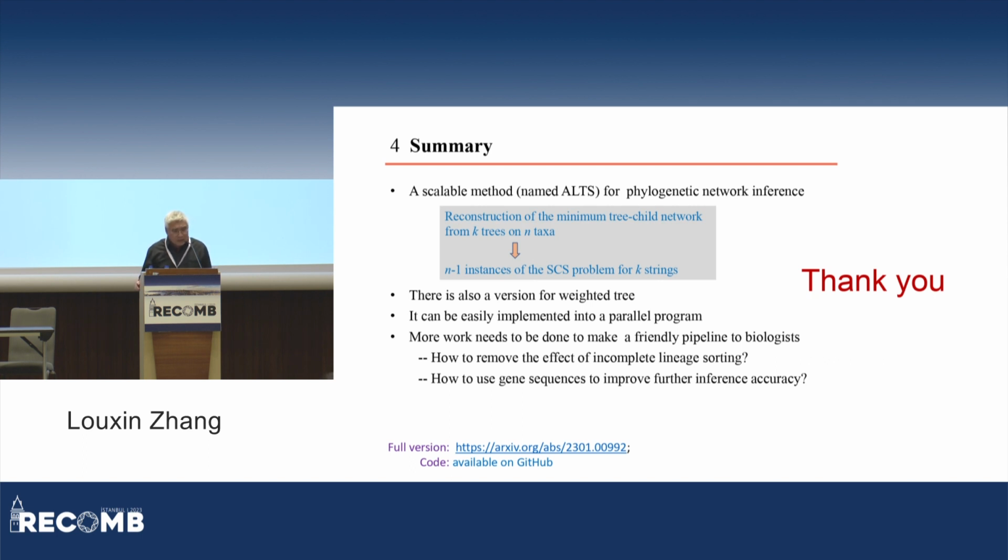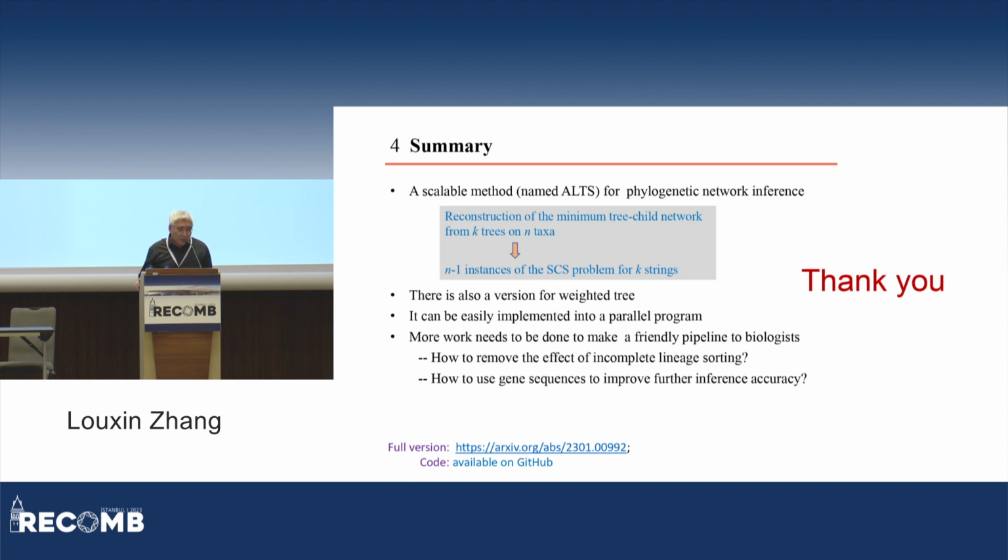As you can see, the method has a very simple structure. It can be easily implemented as a parallel algorithm, because the computing tasks for different orderings are independent. For each ordering, the computing tasks on different trees are also independent. So we can do this in parallel easily.